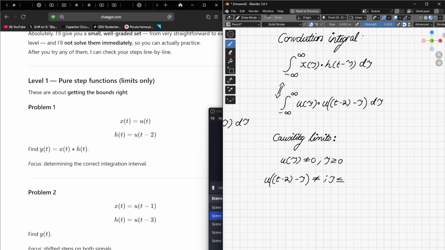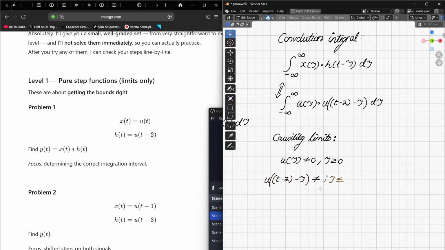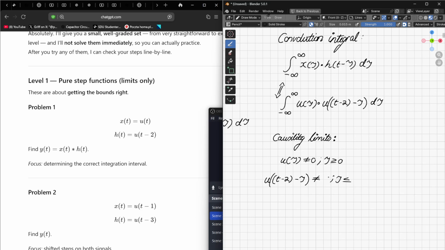Wait, let me just fix this real quick. So usually it would be t. If it's t minus tau, and tau is t, then it would be 0.